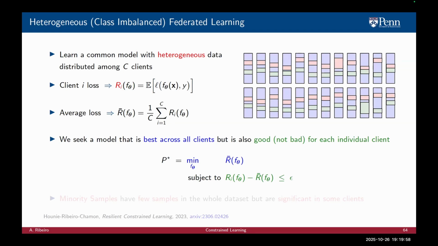So we should not be doing company-centric AI, we should be doing customer-centric AI. And customer-centric AI is a constraint. It means I want the reward difference between me and the median or the average to be small.